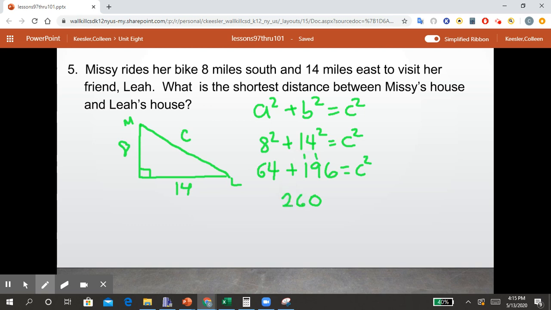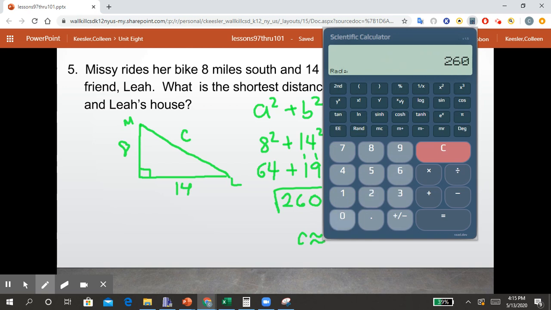And 1 plus 1 is 2. So it's 260, which equals c squared, which we don't recognize as a perfect square. So we're going to have to round, and we'll round to the nearest tenth once again. So the square root of 260 is approximately 16.1 miles.